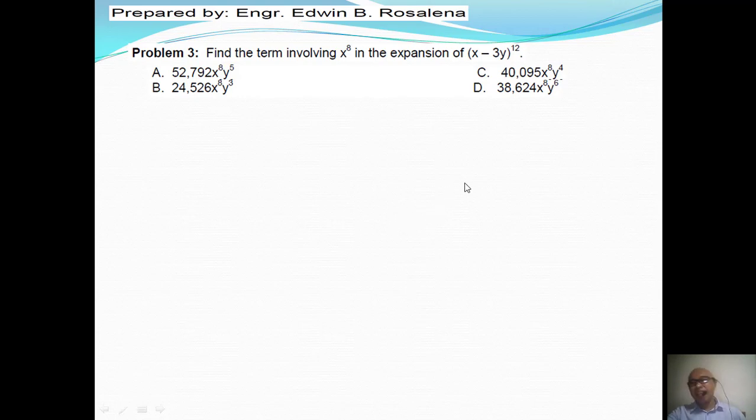Okay, sige. So, paano yan? So, kung tingnan natin ang terms from the left. Now, since this is the first term in the binomial, kung tingnan natin yung terms from the left, may mga x ka dyan. Huwag mo lang i-consider yung second term na 3y. Anyway, hindi naman na-involve ang y dito. Terms involving x to the 8 ang hinahanap natin.